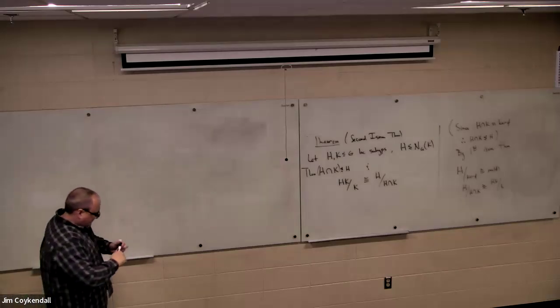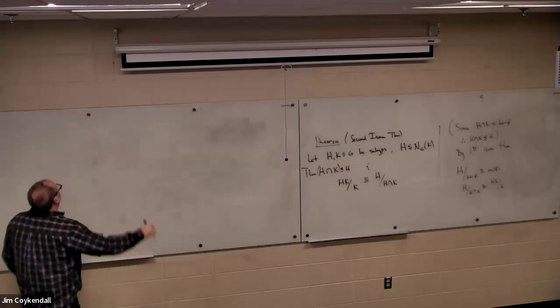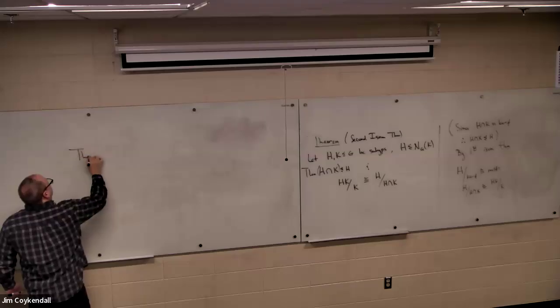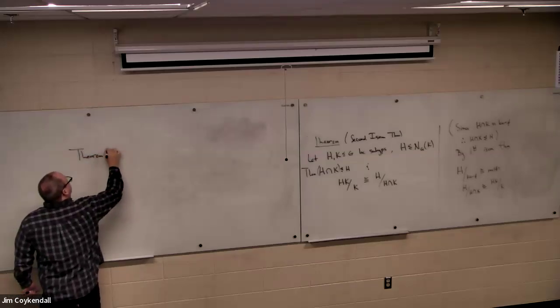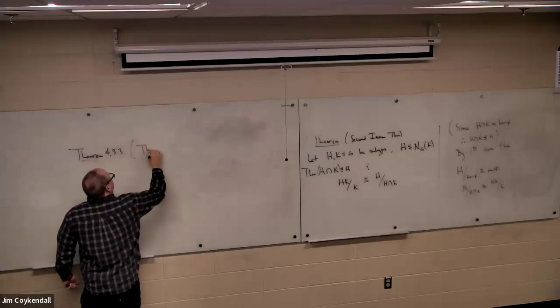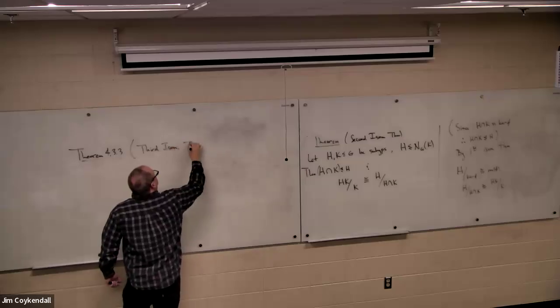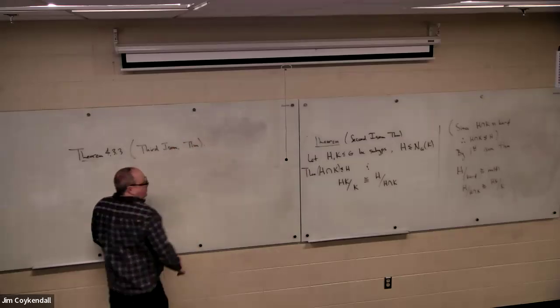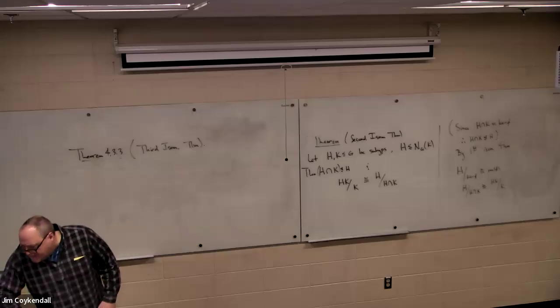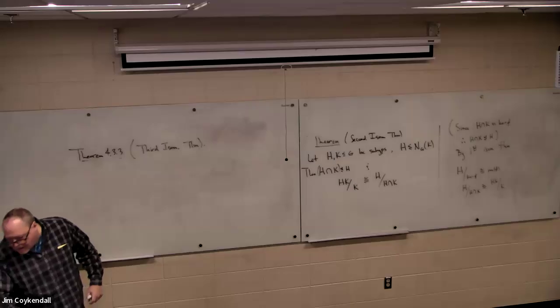Any questions before we hit this one up? Third isomorphism. Suppose N is a normal subgroup of G.